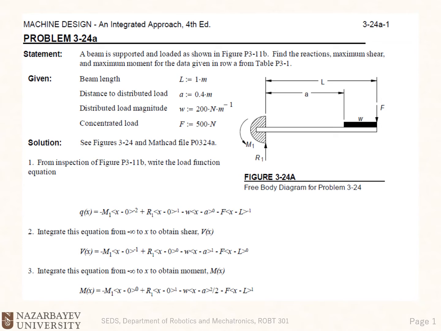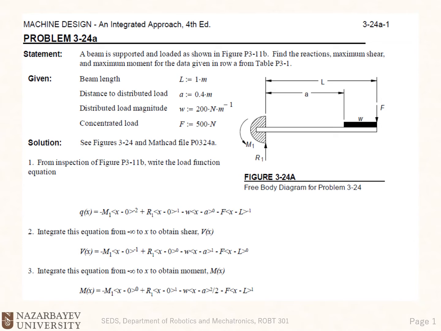So if we use the singularity method and the function, the first step is to write the singularity function for the load or load function equation. So Qx. The first load is the reaction moment, M1.